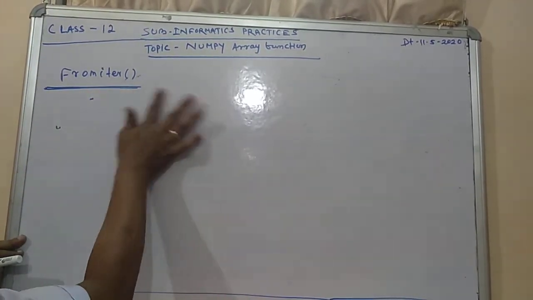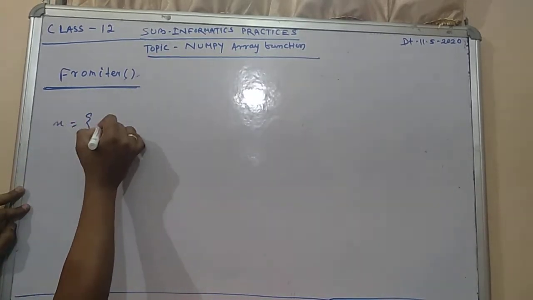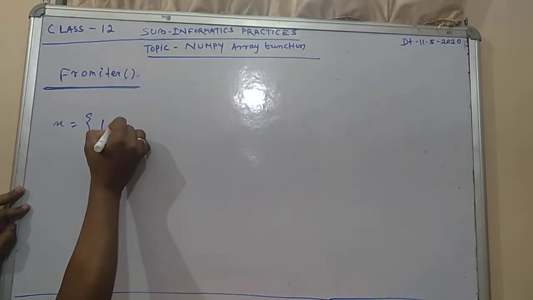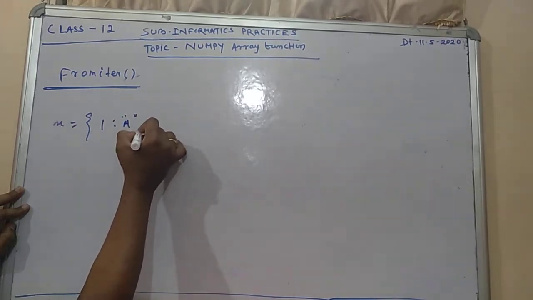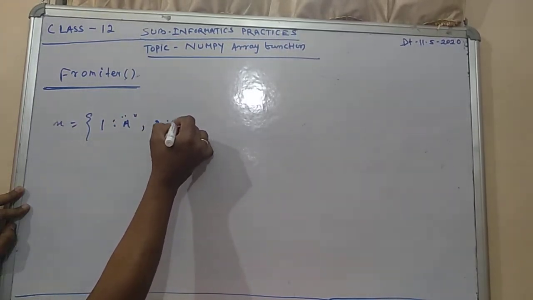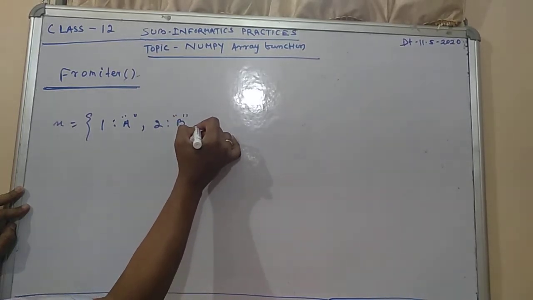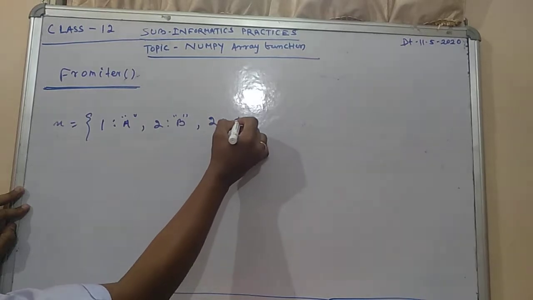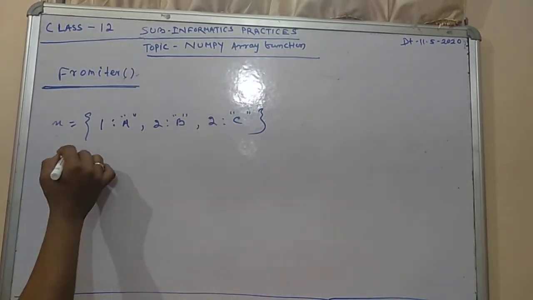Suppose I'm writing x equal to dictionary, 1 colon A, comma, 2 colon B, and then comma 2 colon C. In that case, what will the output be?